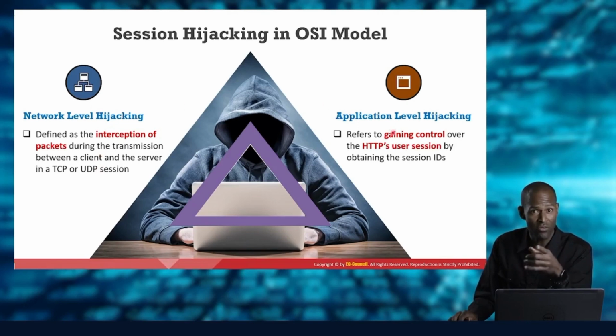At layer 7, what does it say on the image you're looking at? That is the application layer. You can gain control of an application, specifically in this case web services like HTTP user sessions. In that case, instead of calculating the TCP session, we steal or obtain and make use of session IDs.